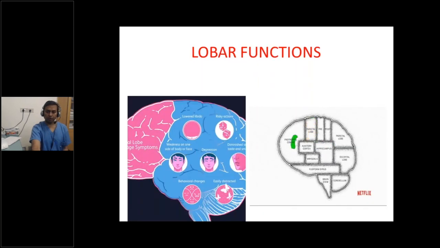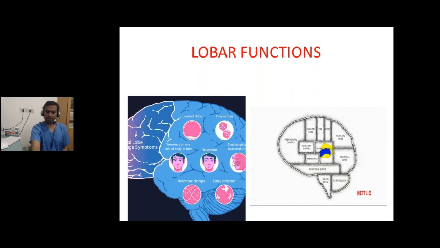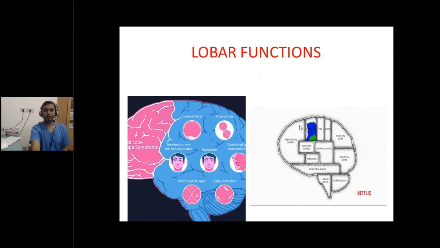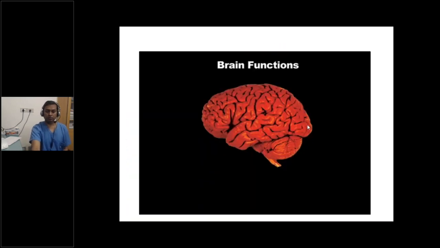So what happens to lobe function? The frontal lobe syndrome leads to lower libido, risky actions, weakness on one side of the face, depression, diminished taste, behavior changes, and early distraction. And this imaging shows a coordination of memory, which starts from the hippocampus and involves almost each and every part of the brain in this processing.